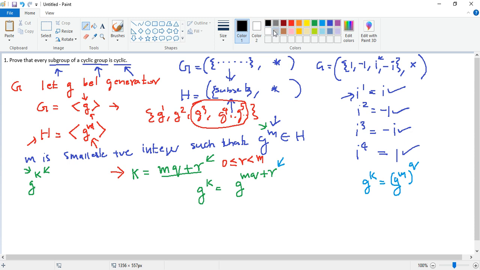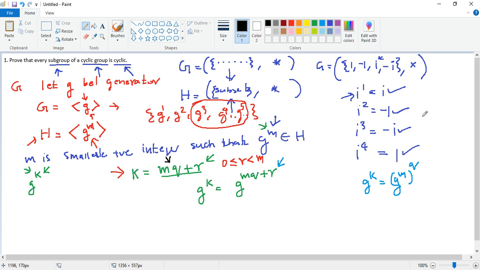That's because if r is equal to m, then we don't have a remainder, right? Because m goes q times into k, right?